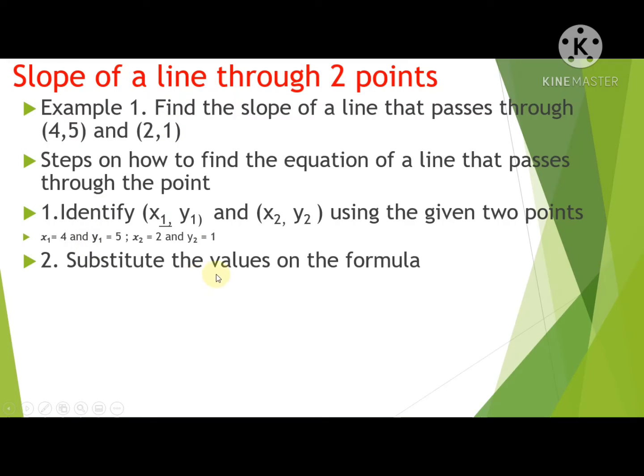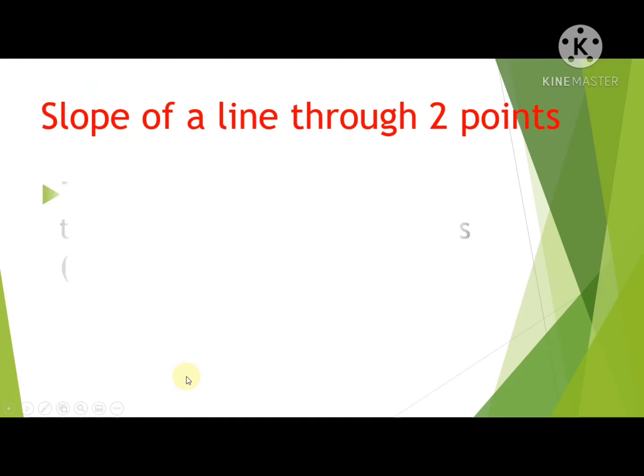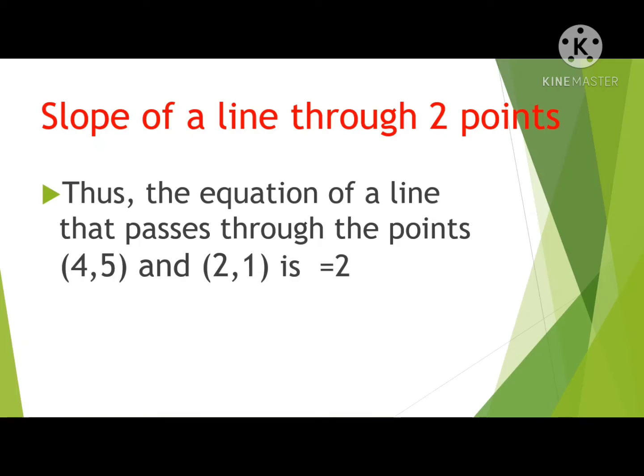Second step, substitute the values on the formula. So, we have here, substitute na natin, and then applying the rules of integers, 1 minus 5 is negative 4, 2 minus 4 is negative 2, so negative divided by negative is positive. So 4 divided by 2 is 2. Thus, the slope of a line that passes through the points (4, 5) and (2, 1) is 2.